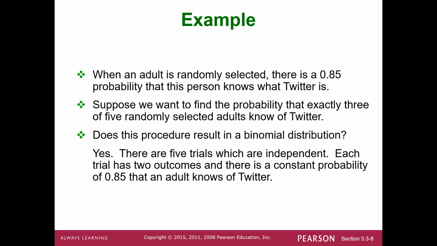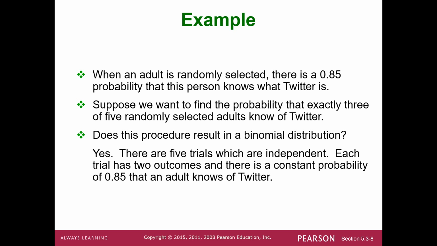So we did our research, and we've calculated that Twitter is known amongst 85% of all adults. Suppose we want to find the probability that exactly 3 of 5 randomly selected adults know what Twitter is.